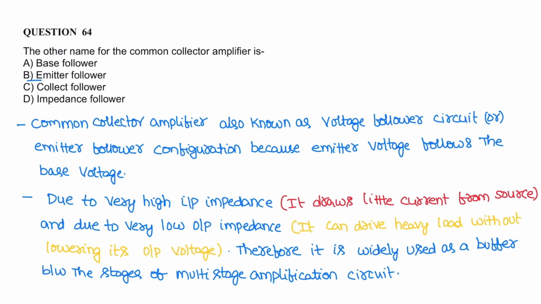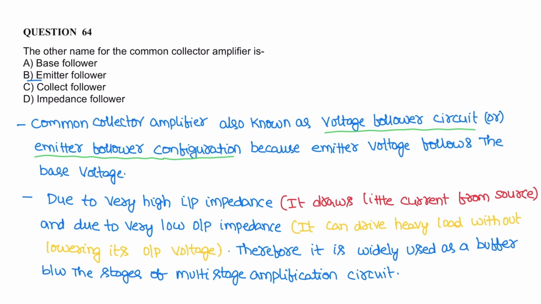The other name for common collector amplifier is voltage follower circuit, or emitter follower configuration, because the emitter voltage follows the base voltage. This common collector amplifier has very high input impedance, so it draws little current from the source, and it also has very low output impedance.